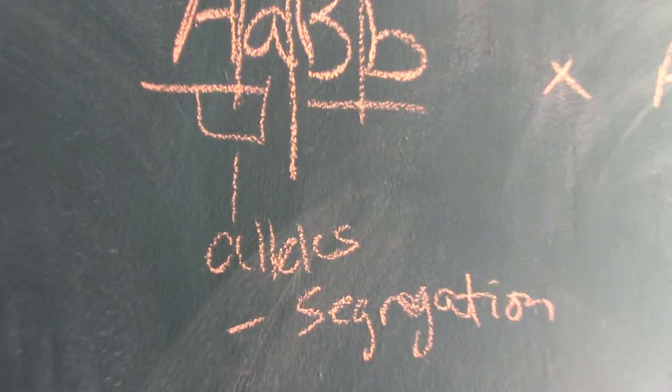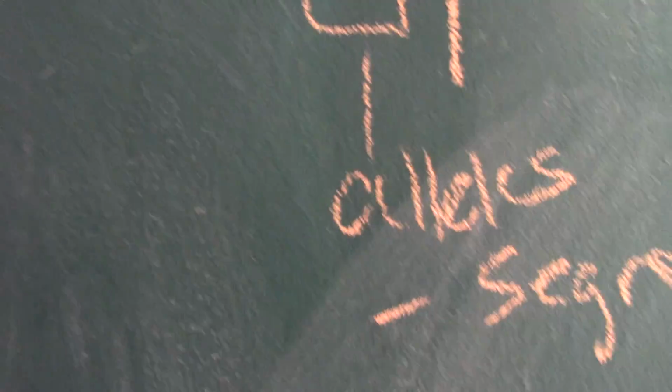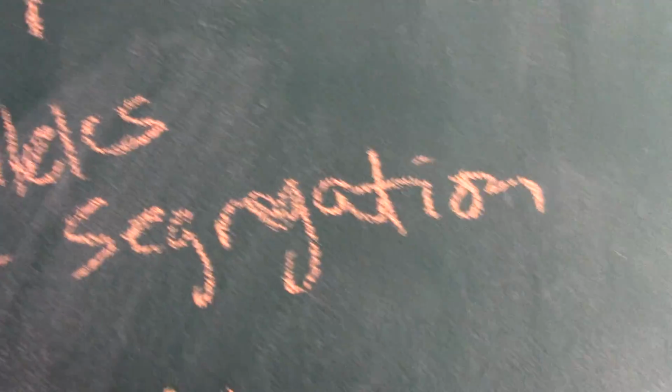So remember, if we just had one trait, you would have an A gamete, and then you would have a little a gamete. But now we have two traits together, so you actually use the FOIL technique. So first, this is one set of gametes, outer. There's your second set of gametes, inner. There's your third set of gametes, and then last.